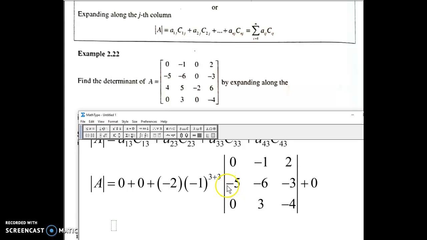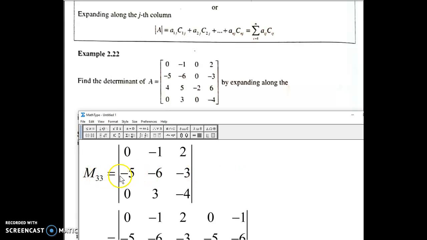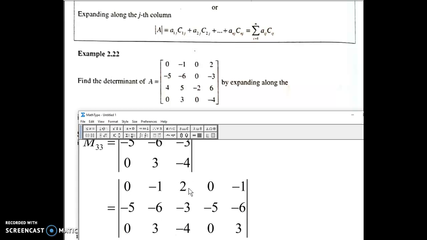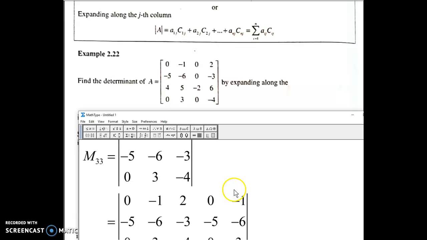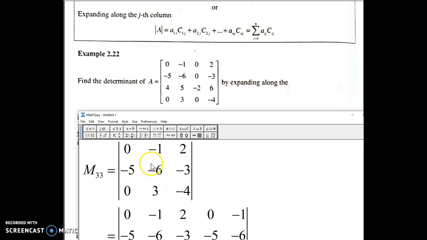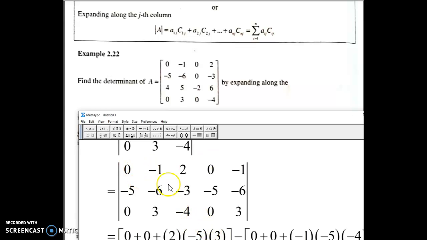First I will need to calculate this minor. This is minor 33, and the way we do it is by expanding the first and second column to the right side. So I get this, and I cross multiply, minus the other cross multiply.